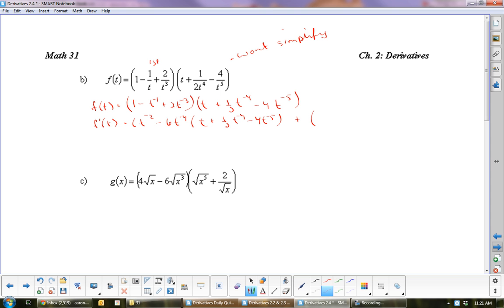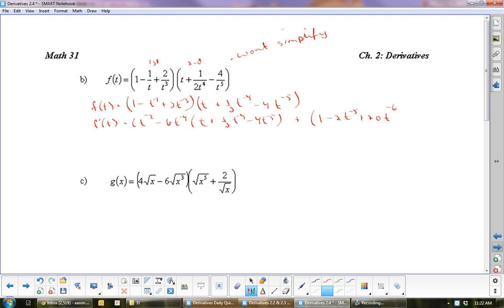Okay, this is first, this is second, right? Let's do derivative of the second. What's the derivative of t? 1, minus 2t to the negative 5 plus 20t to the negative 6.